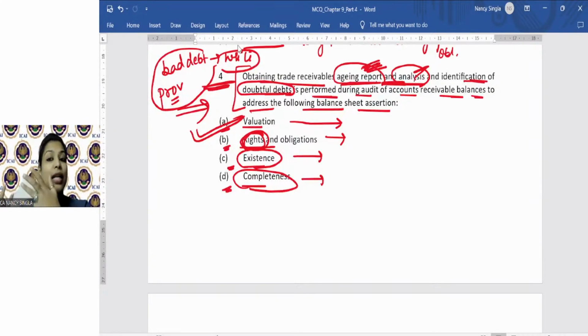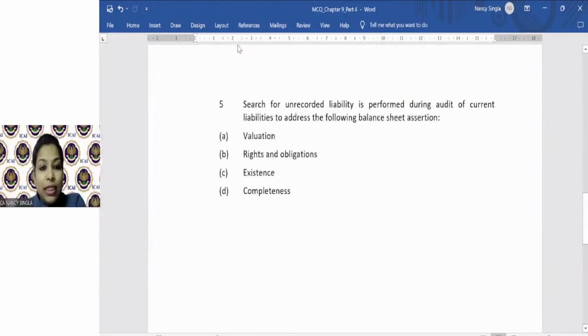The older the debtor, it is going to have an impact on provision and on writing off, so it is going to affect the valuation assertion. Okay. Yes, students, I'll upload all these MCQs.